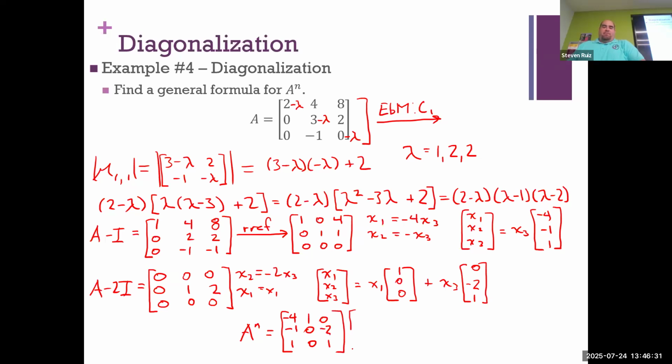And by doing that, you have forced the order of this next matrix. 1, 0. And remember, I'm going to raise all these to the n, right? Except that doesn't do anything to 1. So 1, 2 to the n, 2 to the n.